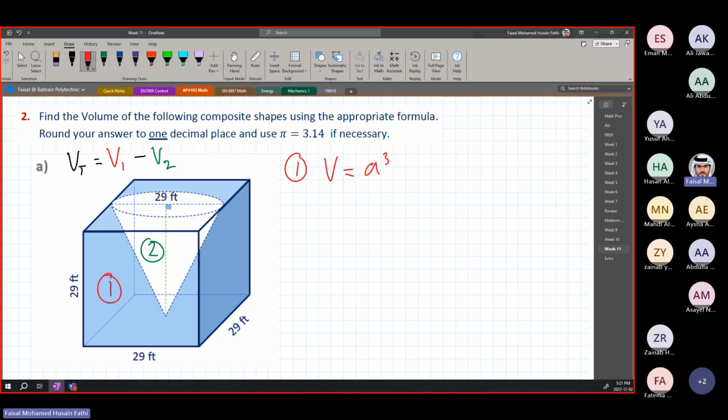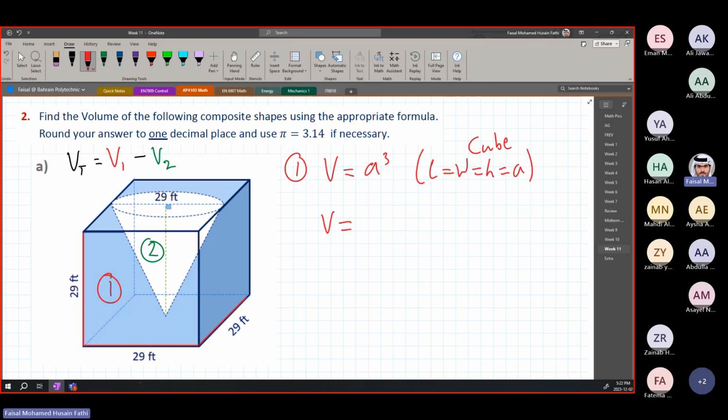You could just remember that as a quick way of solving instead of doing area times whatever and all of that. For a cube, this side is equal to this side, which is equal to the height as well. They are all equal. Length equals width equals height equals A. Okay? So V is equal to A cubed.